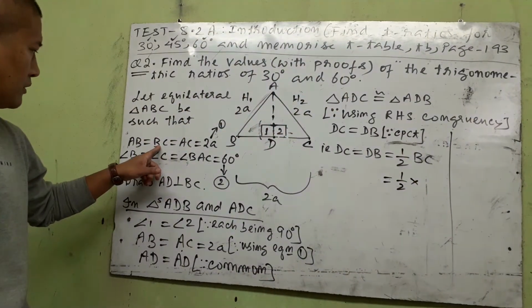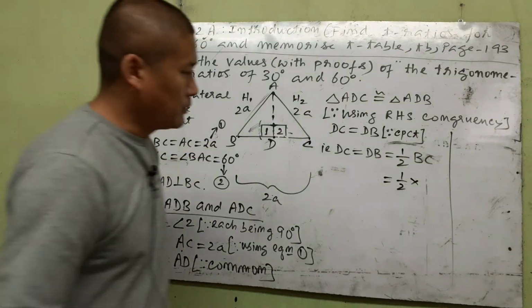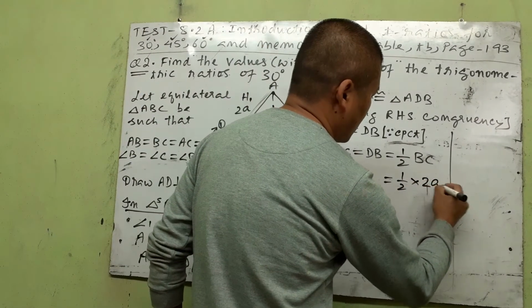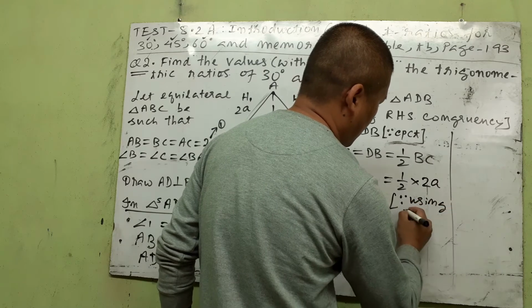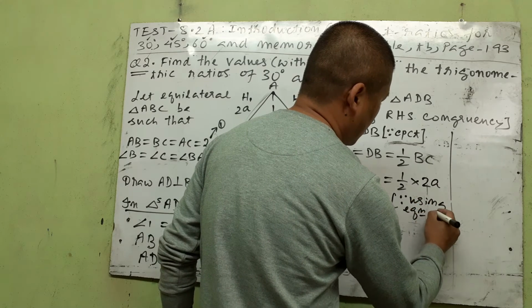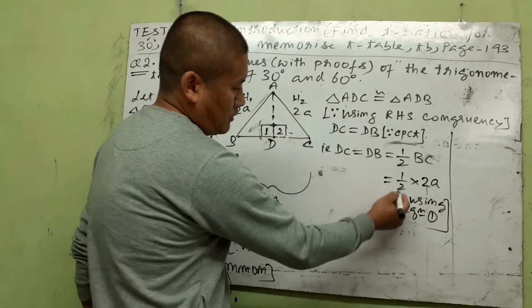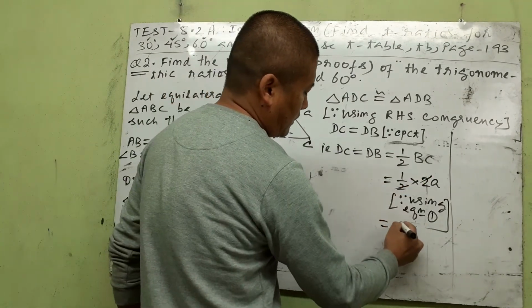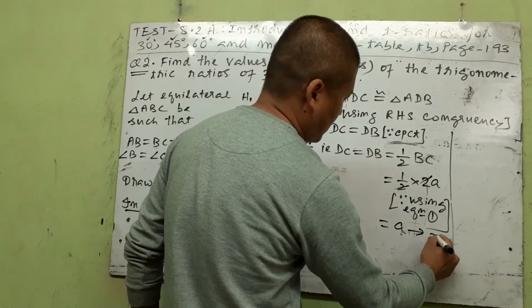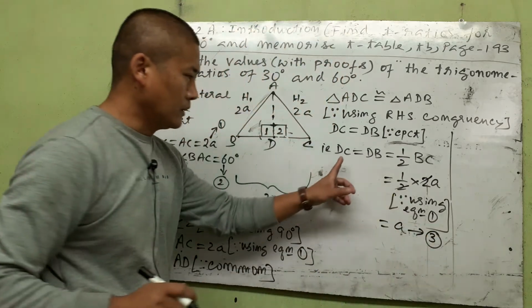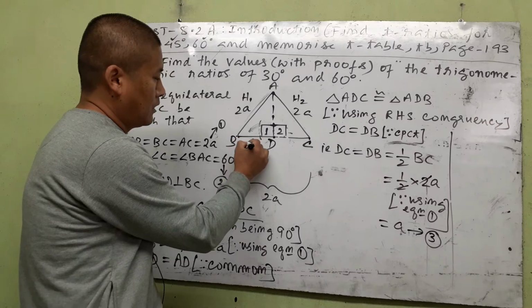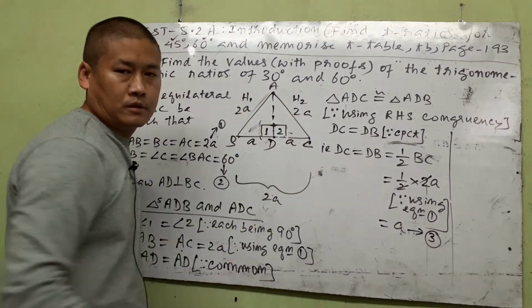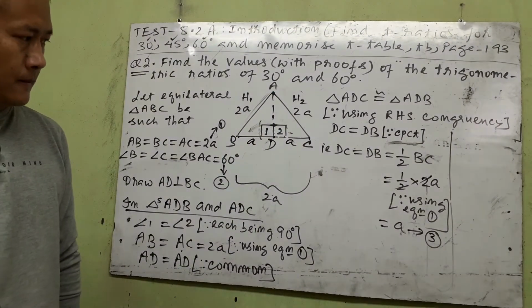If you see in equation 1, 2A, so we can replace it by 2A and write here, since using equation number 1. So 2 and 2 cancel, so we get here A, equation number 3, let us say. So DC and DB both are A units now. So this is A unit and this is A unit. Okay, so this is equation 3.